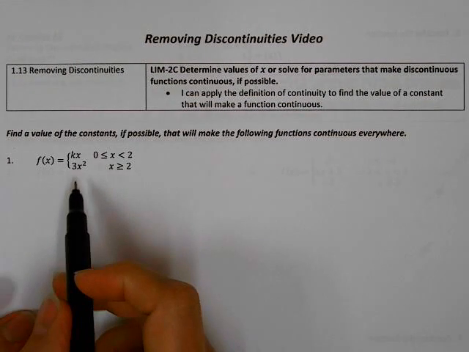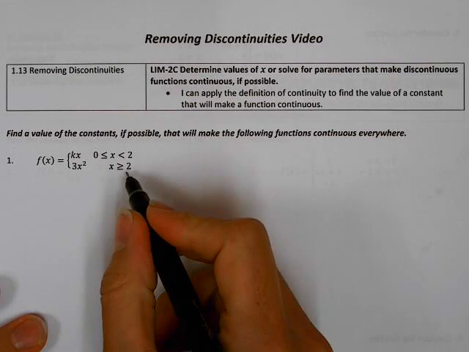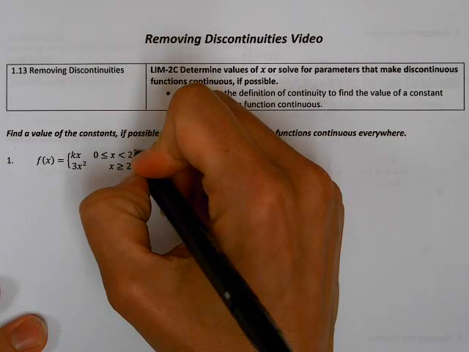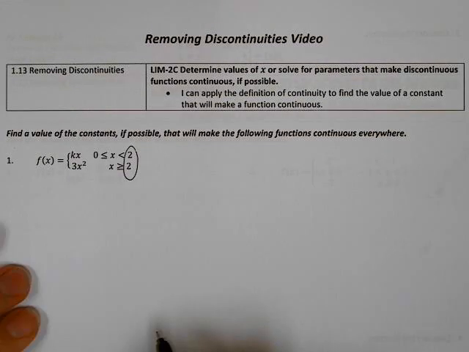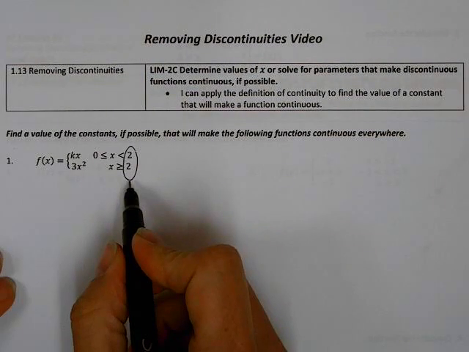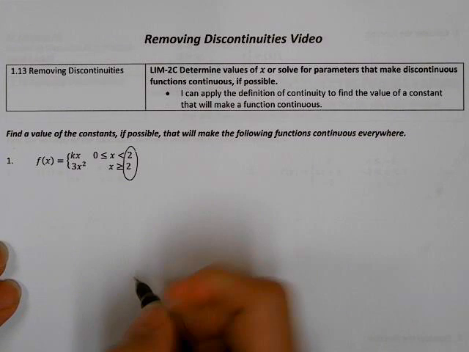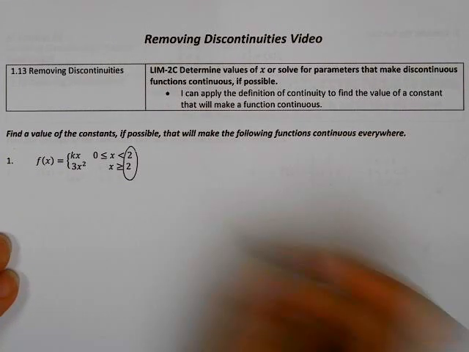I know that the place that this is possibly going to be discontinuous is at 2 because that's our breaking point. So if I'm going to have a potential discontinuity, it's going to happen there. So I'm going to set this up like I'm checking for continuity at x equals 2. So that means I have to have 3 conditions.